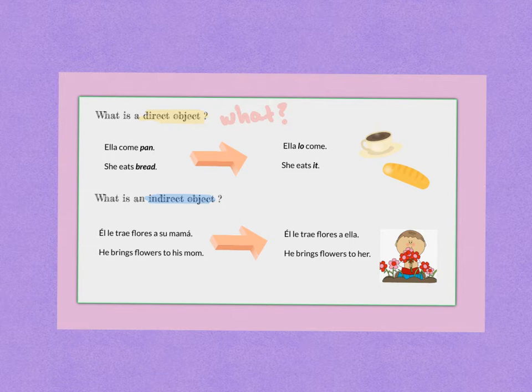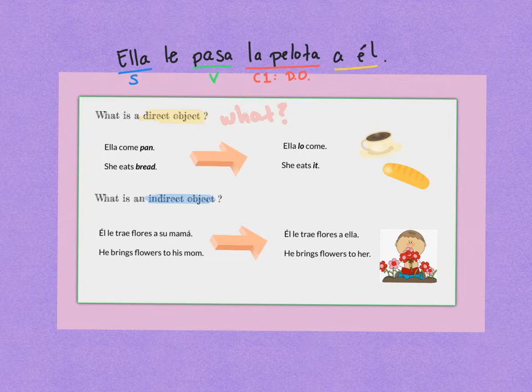Again, if we take a look at the phrase we had before, ella le pasa la pelota a él, like we have up here, we saw that the verb takes two complements in this case. We have the complement one, which is direct object, and then we have this other complement here, a él, which is to him, and that's our second complement. And this is what we call an indirect object.